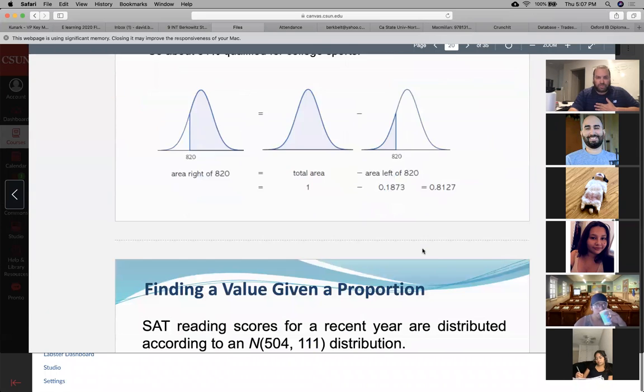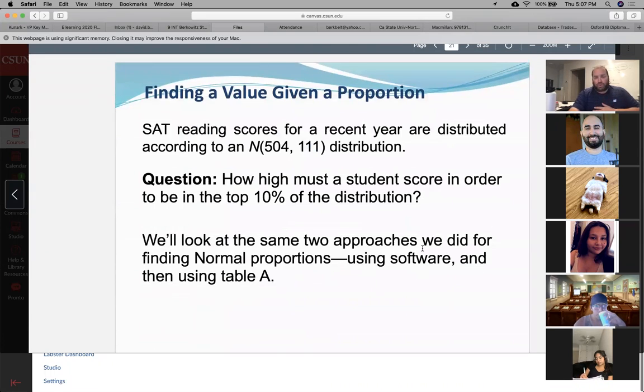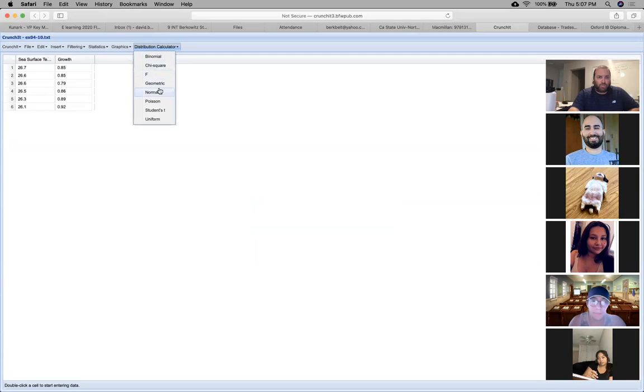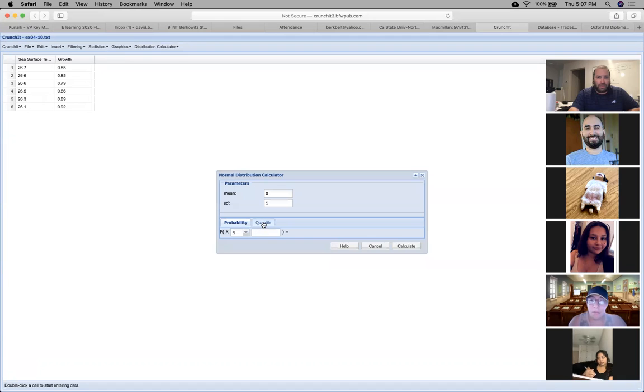We did examples. Of course, you can go backwards. Okay, if I tell you that I want to be in the top 10%, what number will get me that? That's also done on Crunch It. We can just do it quickly again because we didn't do this one that often. But I would go to normal and I would go to quantile instead. And I would say I want 90% because I guess Crunch It only does to the left.